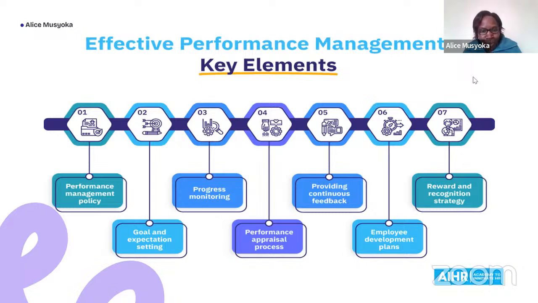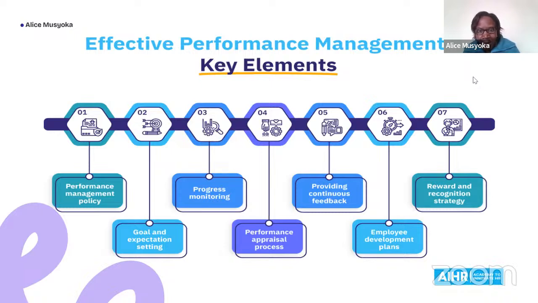Okay, let's move to step number 3, progress monitoring. So after a supervisor and employee have agreed on the goals, the objectives and the targets thereof, and the KPIs, then now we continue performing, and then we monitor the progress. So there's monitoring of the performance, and in monitoring performance, we need to do coaching, because sometimes there could be gaps.